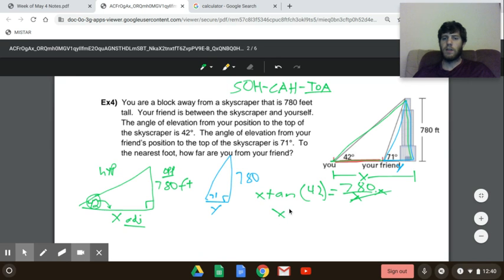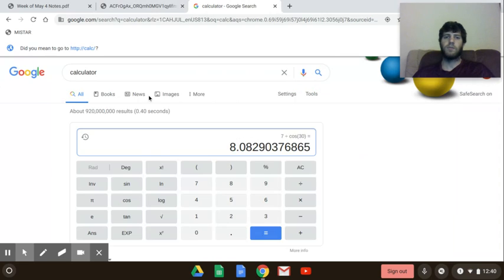Then you get x times tangent 42 equals 780. And then we're going to divide both sides by tangent 42. These cancel, we're left with x on the left side, and then 780 divided by tangent 42.